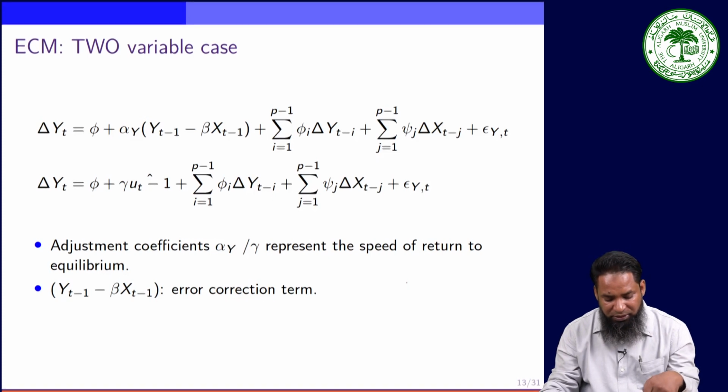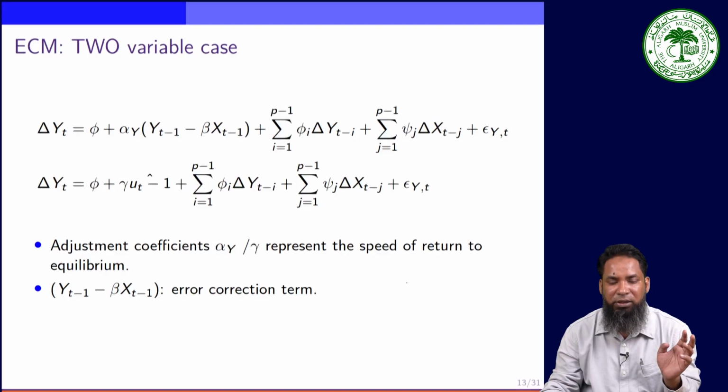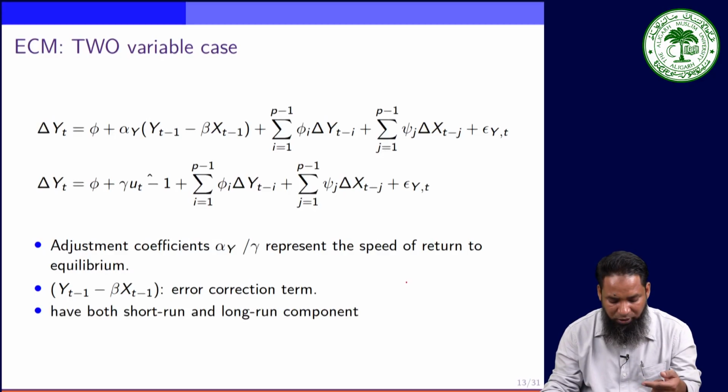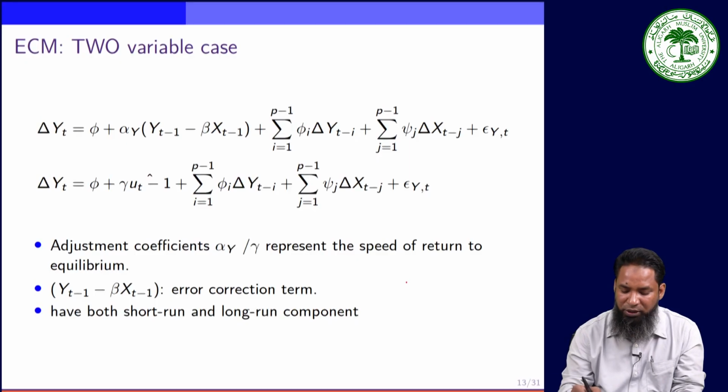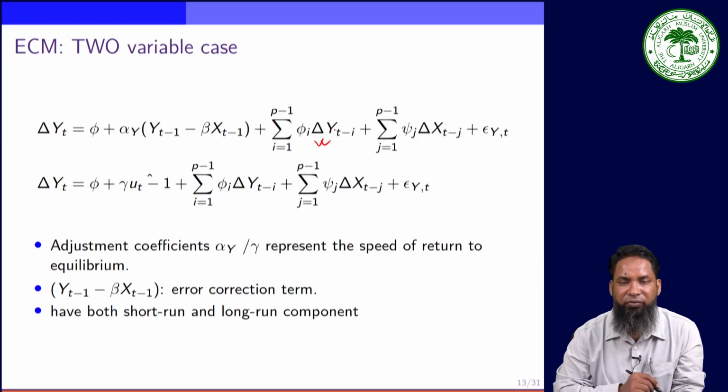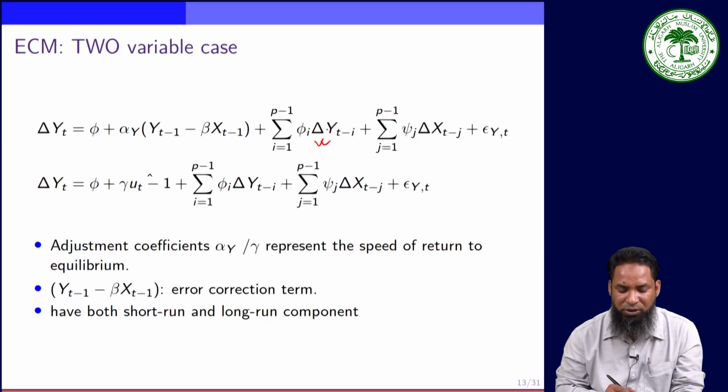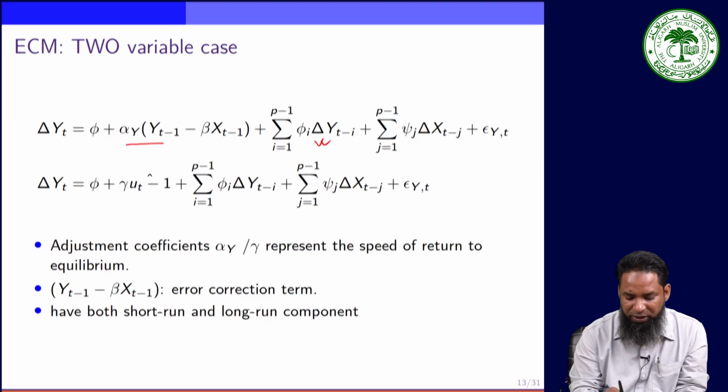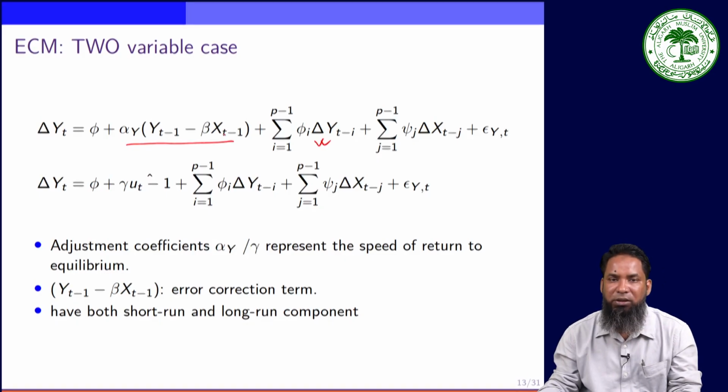That's why this term, yt minus beta xt minus 1, is known as the error correction term, and from here the name error correction model has been derived. And here we have both the short-run as well as the long-run component. The short-run components are represented by the coefficients of the difference variables, and the long term is represented by this error correction term.